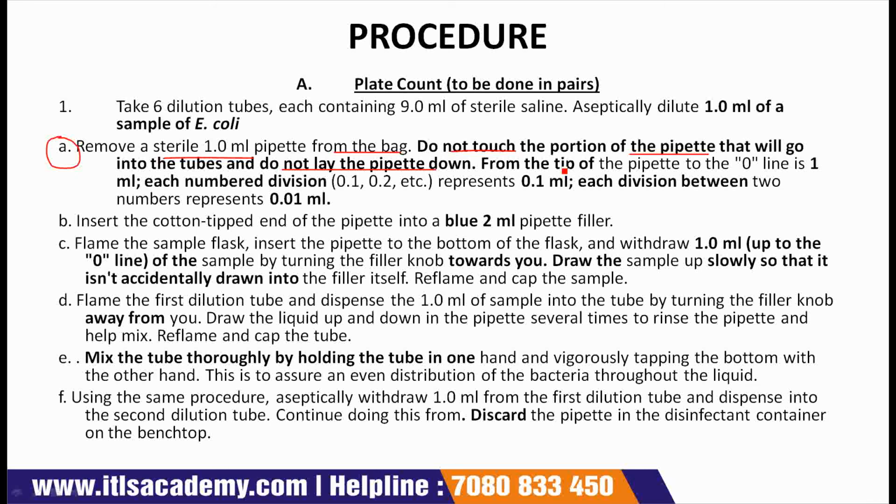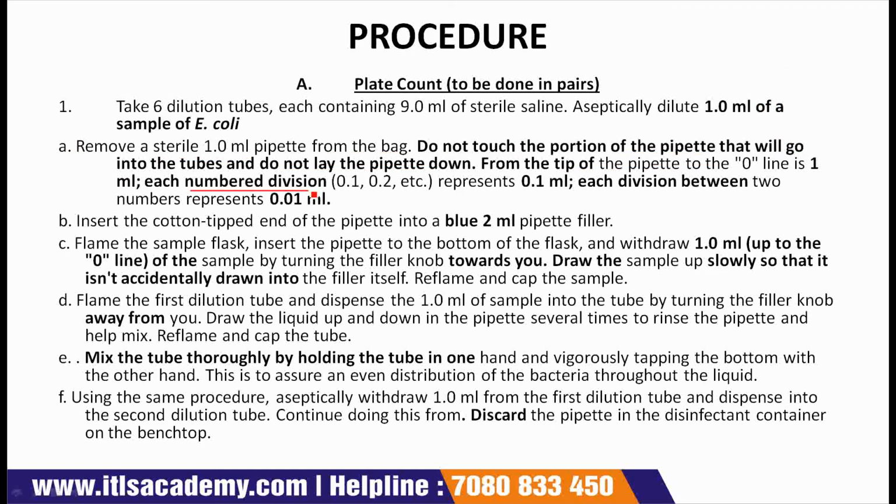From the tip of the pipette to the zero line is 1 ml. If this is your pipette, with this the tip and this the zero line, then this is 1 ml.